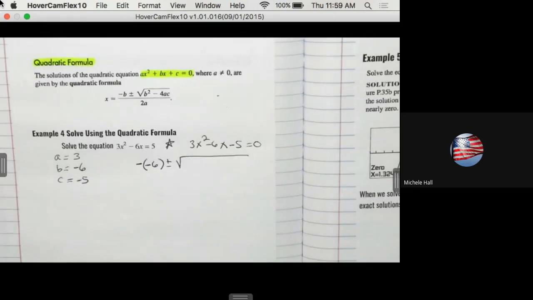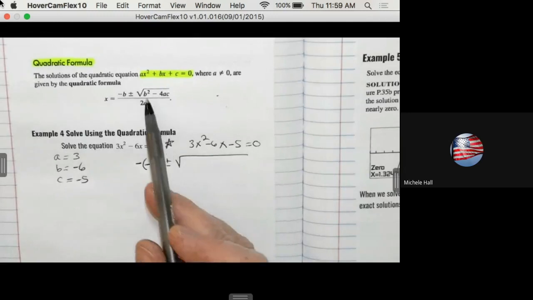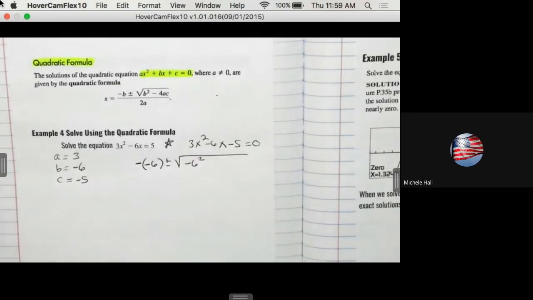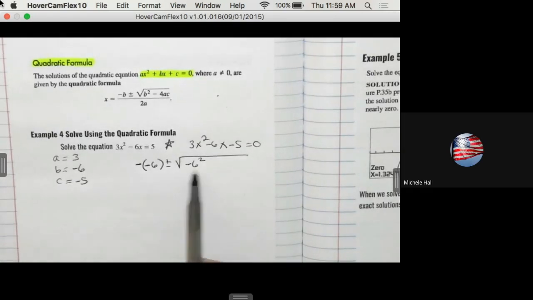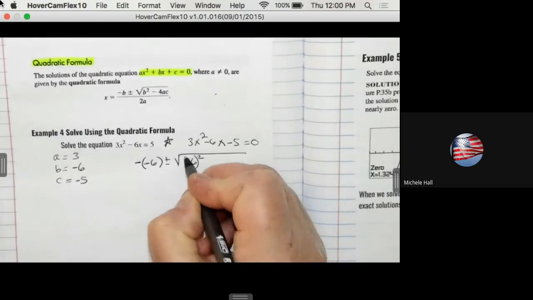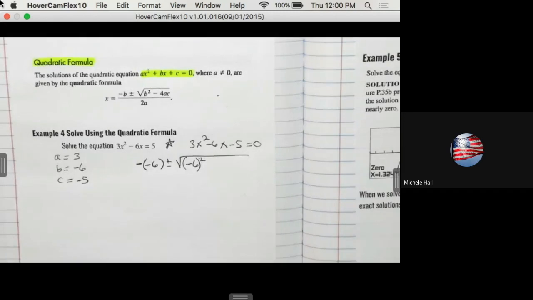It says all of b needs to be squared. So if I just put it in here like this, that's not all of b being squared. What is being squared on this exactly? Just the 6, because the 6 is the only thing next to the square. How do I make it so it includes the negative? It's got to be in parentheses so that everything in there is being squared.